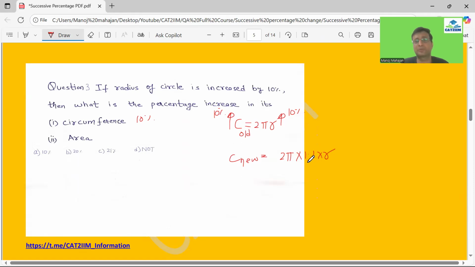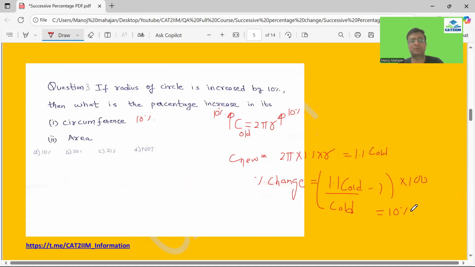So 1.1 is being multiplied in the circumference old. So if you calculate the percentage change, you know that final upon initial minus 1 into 100. So final is 1.1 circumference old divided by circumference old minus 1 into 100 would give me what? 10%.